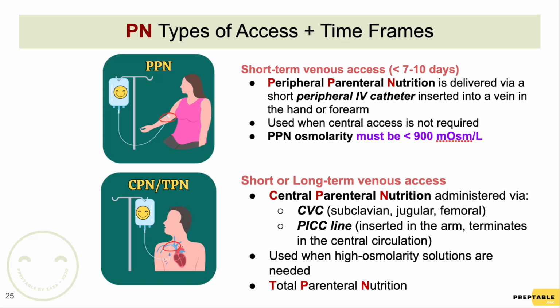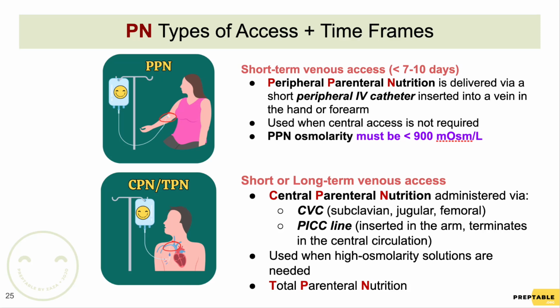Now, a critical consideration when using PPN is the osmolarity of the solution. Solutions infused into peripheral veins should not exceed 900 milliosmoles per liter to avoid vein irritation, phlebitis, or other complications. This limitation means PPN cannot fully meet the nutritional needs, especially in metabolically stressed patients.